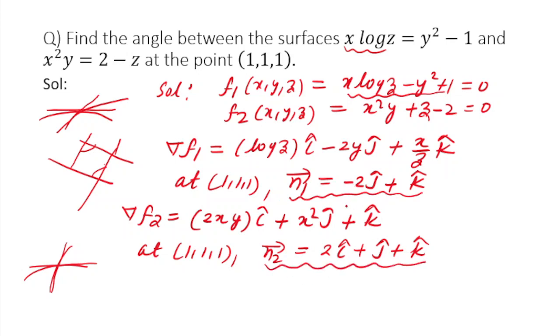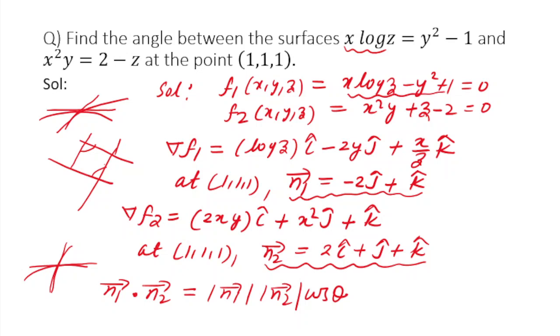So we have vector n1, we have vector n2. So how to find the angle? We know that the dot product of n1 and n2 is defined as magnitude of n1 into magnitude of n2 into cos theta. Right, so we know this formula. So using this formula I am going to evaluate.